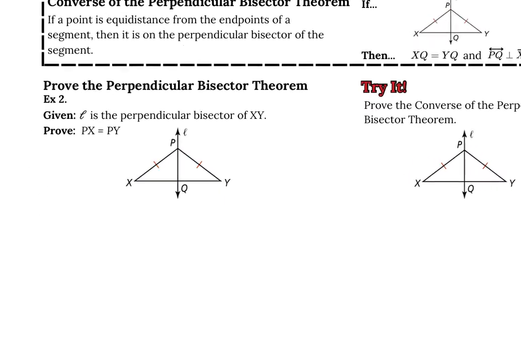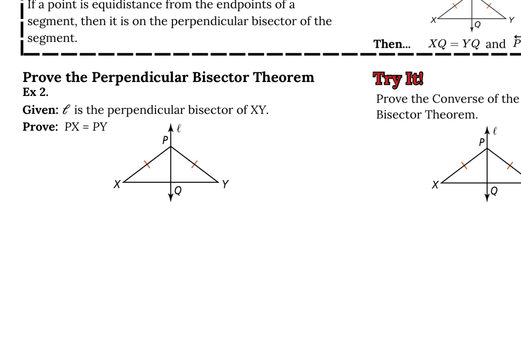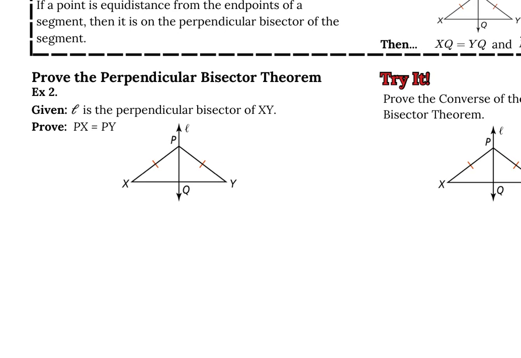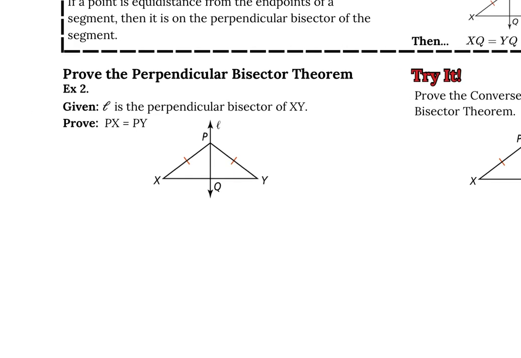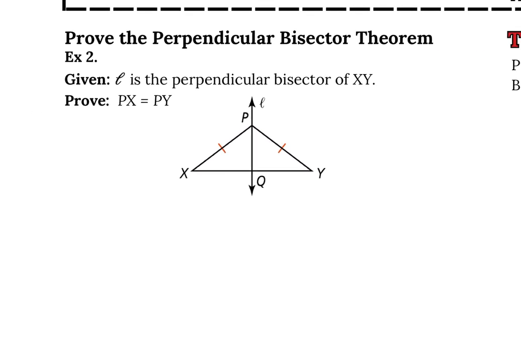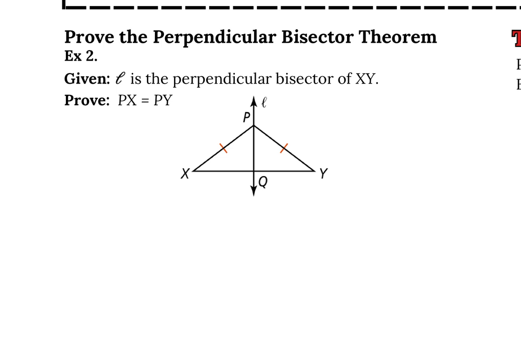All right, so we've got example number 2. We need to prove the perpendicular bisector theorem. We are given line L is the perpendicular bisector of XY, and we need to prove that PX is congruent to PY.